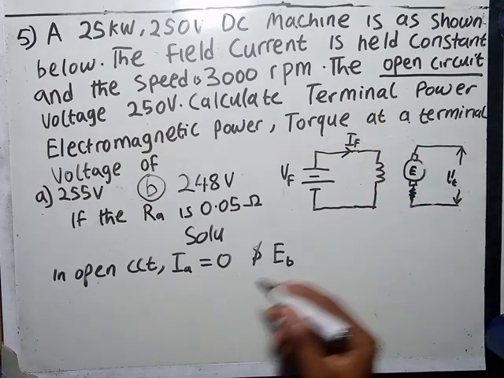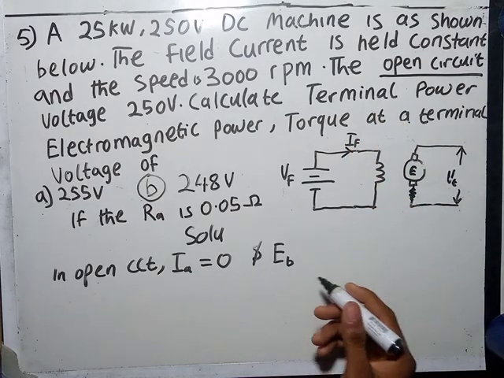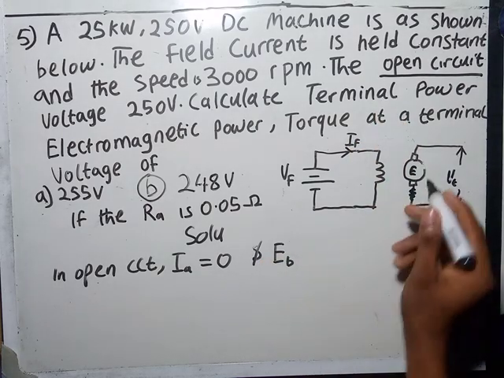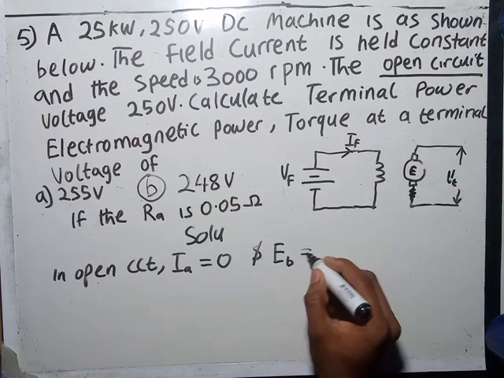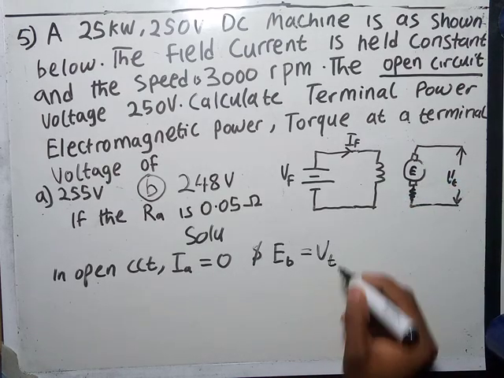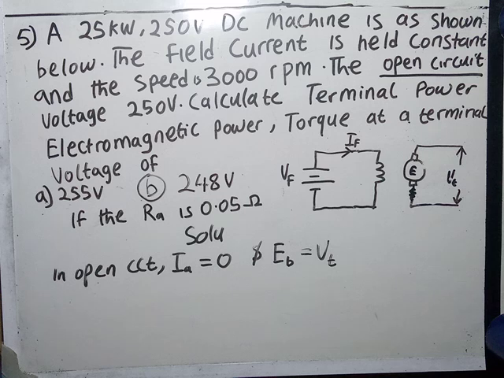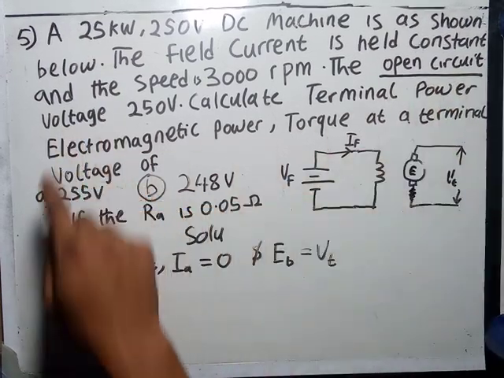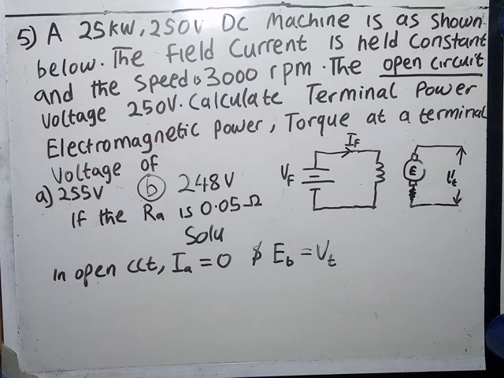So we can just assume a particular E to give to it, but it's still an EMF. So the EMF, this E, is equal to Vt, because it is an open circuit voltage.